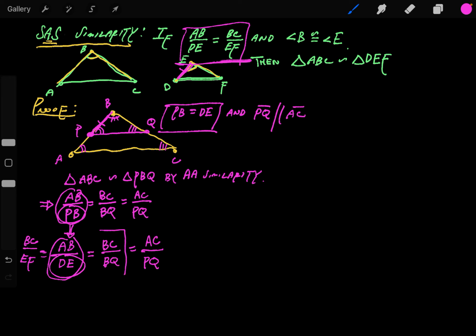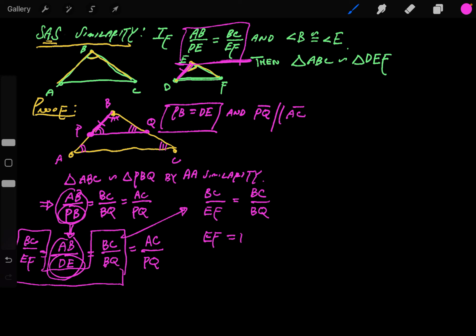If you look at these two, you should be able to see that EF is equal to BQ. This here says that BC over EF is equal to BC over BQ, and the only way that this is true is if EF equals BQ. And obviously then EF is congruent to BQ.